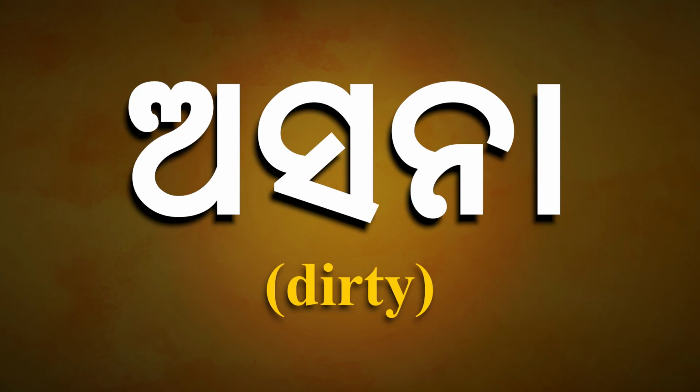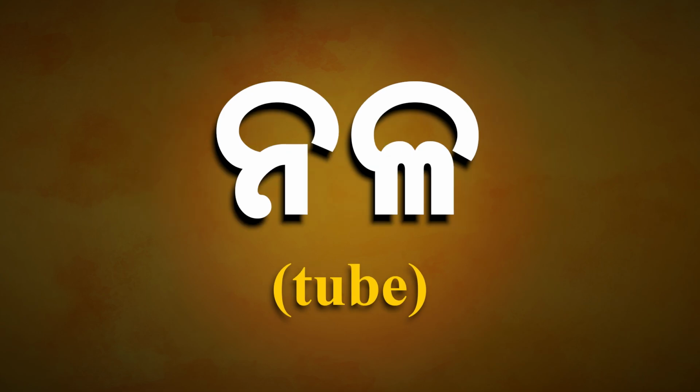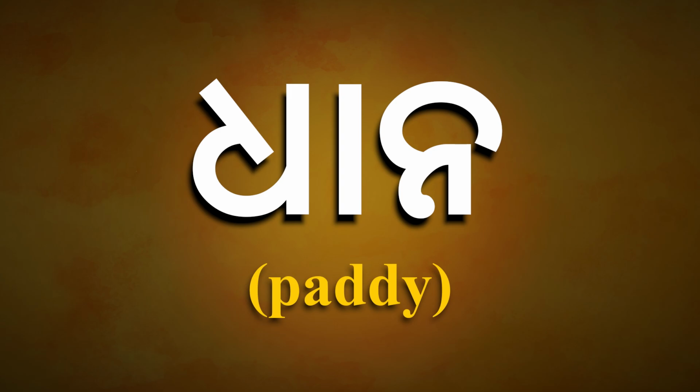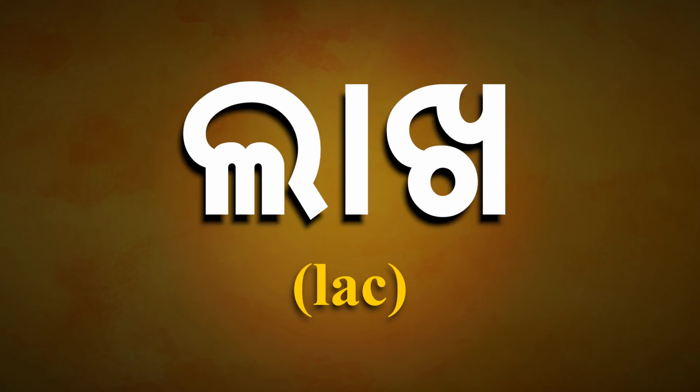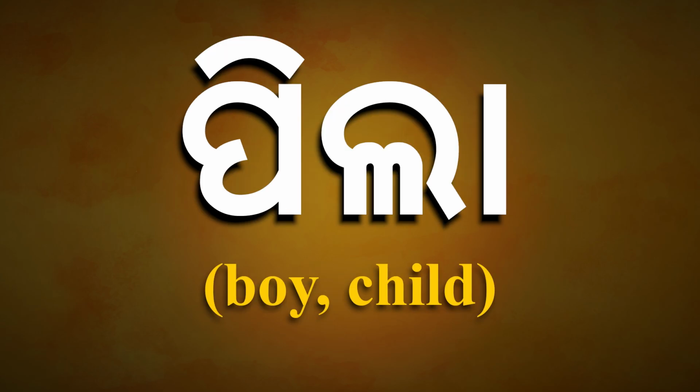Osana means dirty. Nala refers to tube. Dhana means paddy. Annala refers to fire. Lakha means lakh. Pilla refers to boy or child.